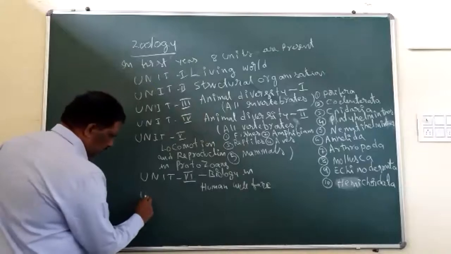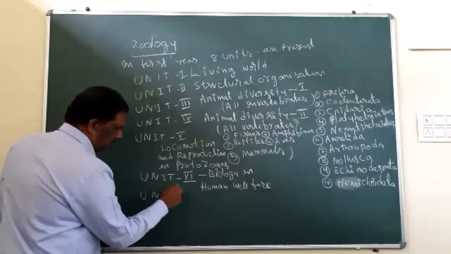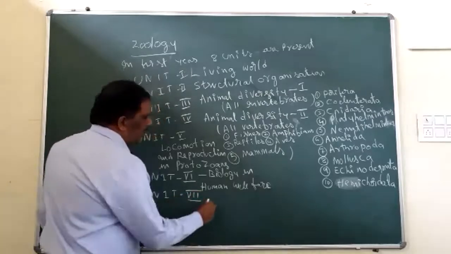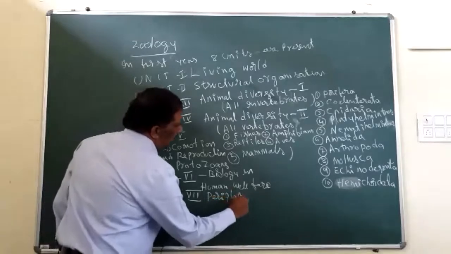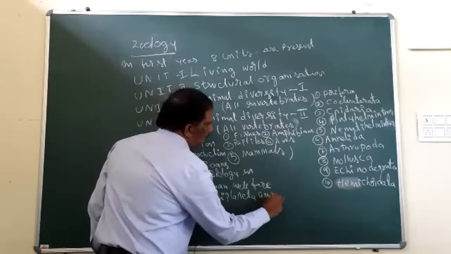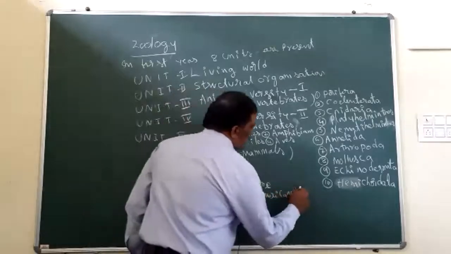Next, unit 7. Periplaneta americana, or cockroach.